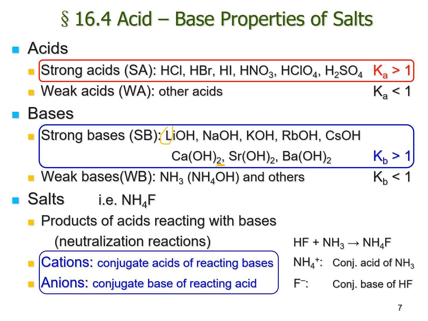These are the two important statements for us to recognize what those cations and anions are. A cation is the conjugate acid of a reacting base. An anion is a base, the conjugate base of the reacting acid.